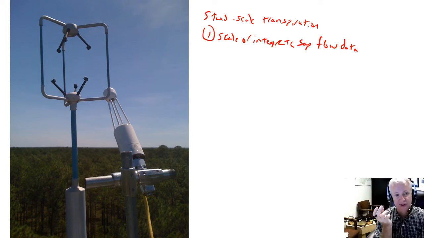There are different ways to do that. You can scale by tree size. You can also scale by sapwood area. There are a number of approaches in the literature. But regardless, sap flow can be used to derive transpiration.